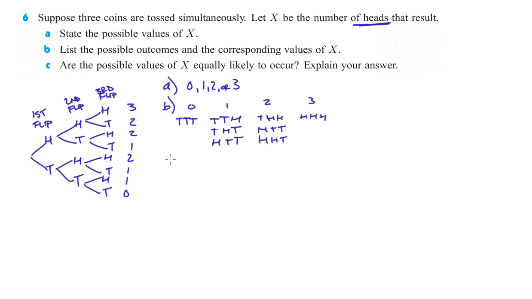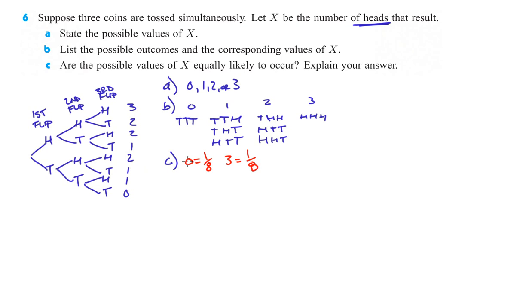And then part C: are the possible values of x equally likely to occur? Explain your answer. Well, x equals 0 is only 1 out of the 8 different possibilities, so 1/8. 3 is also 1 out of 8.